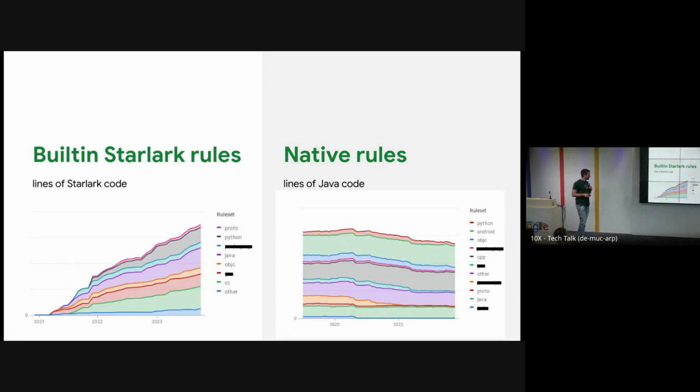What I'm leaving for the last here are C++ rules. You can actually see a large chunk of Starlark code already written, and also a large chunk of code in native still there. Those are probably the hardest rules to rewrite.